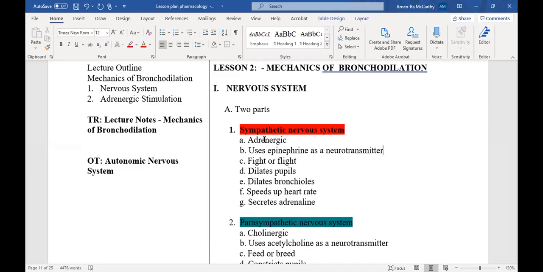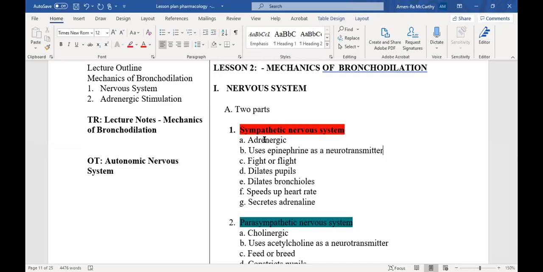The sympathetic nervous system is also known as the adrenergic nervous system, or the adrenergic response, because what is the root word of adrenergic? Adrenaline.